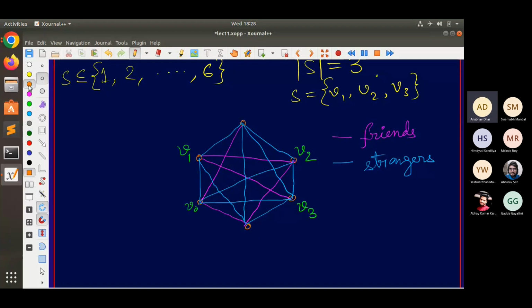Now we observe the edges among these 3 nodes.